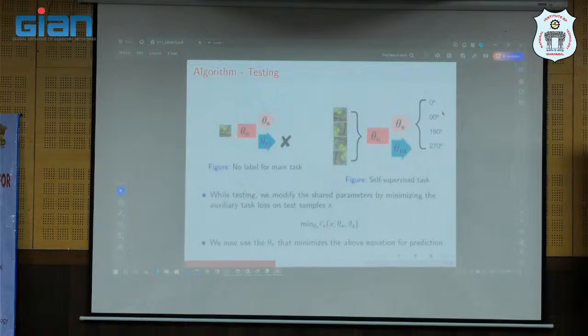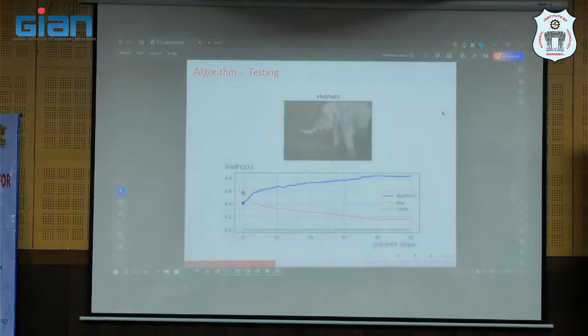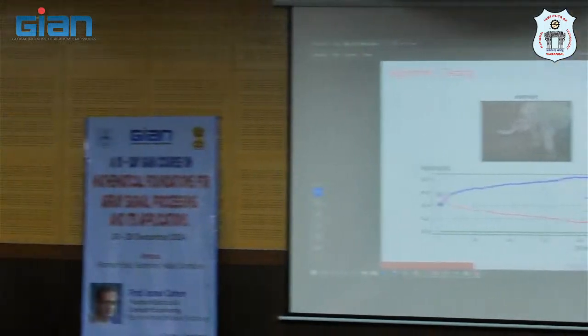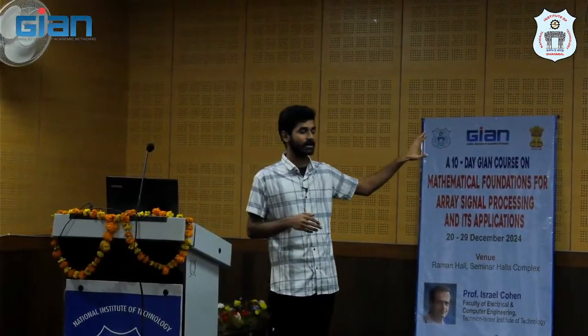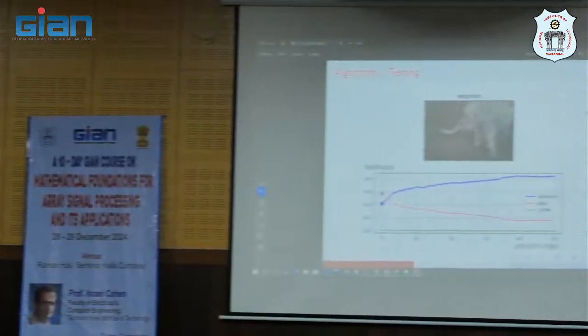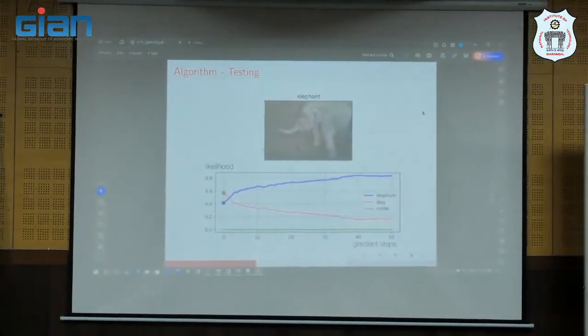So this is the main idea, and I don't want to talk about all the results that they have presented in the paper because those might not be relevant for us. So I wanted to show some examples where it actually worked. For example, this elephant image, the actual network, which is fixed, predicted it as dog.